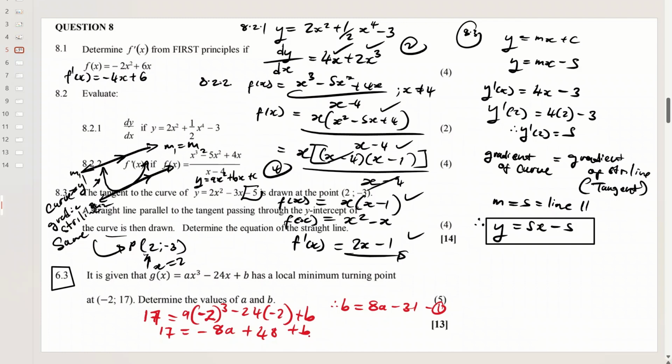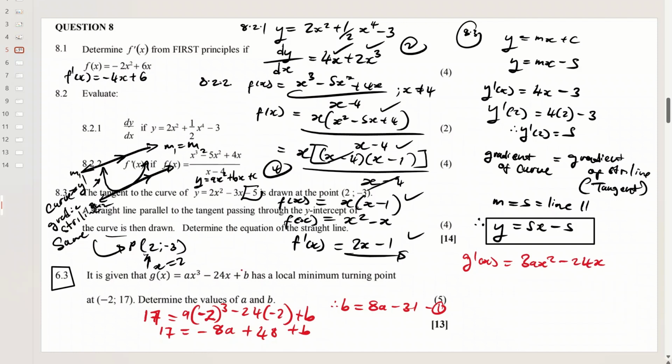You understand? I hope you understand. So now our next approach is to say, okay, once we hear about the local minimum and the turning point, we know that if we take the first derivative and equate it to 0, that's finding the x-value at the turning point. So taking the derivative of our function g of x, we are going to have 3ax squared minus 24x.